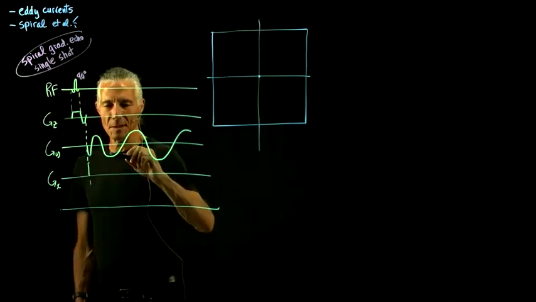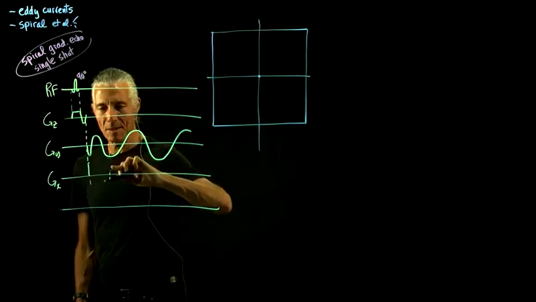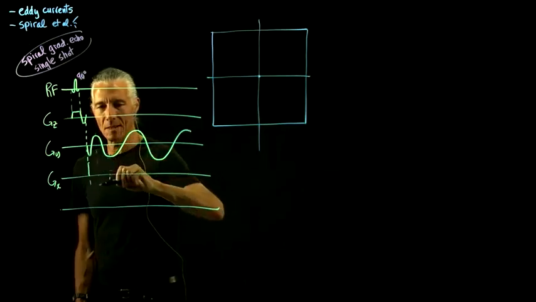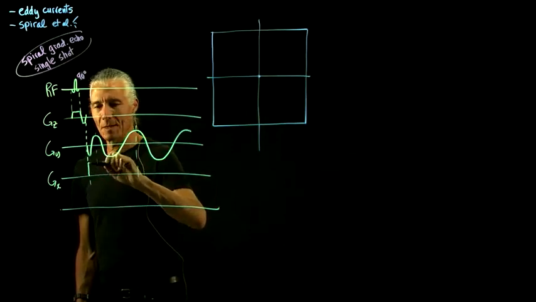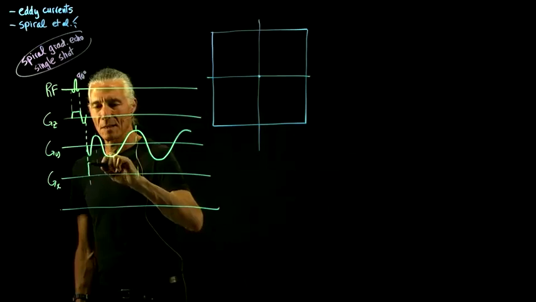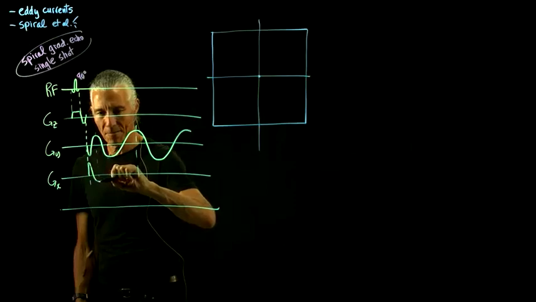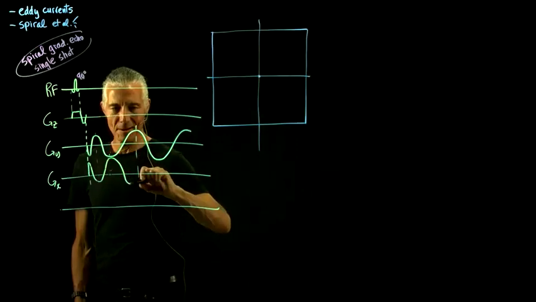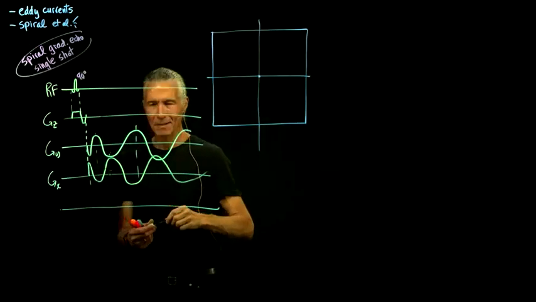Let me line these up. So this guy will be cosine, okay, something like that. Did I get it right?